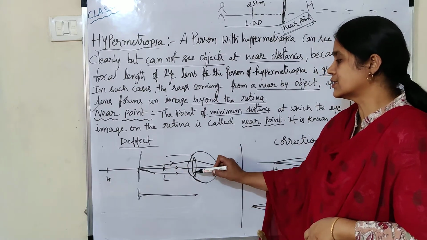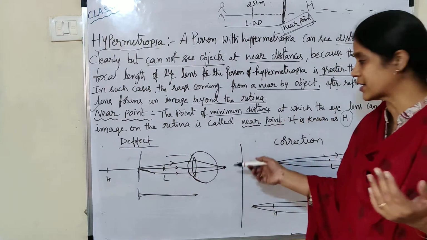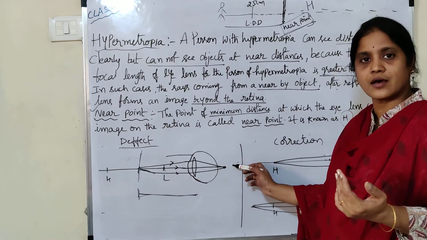Due to that, the minimum focal length is more than 2.27 centimeters, and so the image forms beyond the retina.